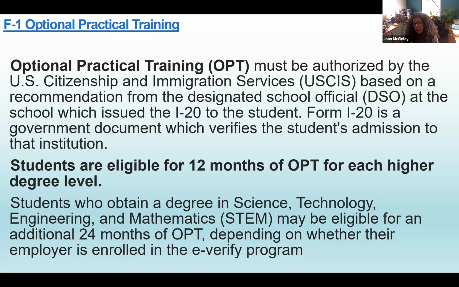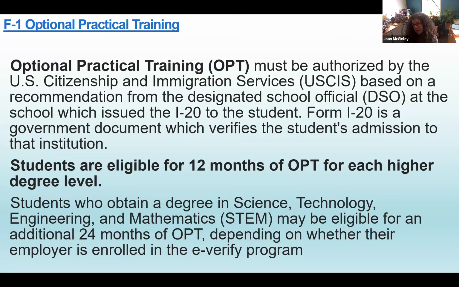If he subsequently approaches you and says, I want to apply for a STEM extension, that's science, technology, engineering, and mathematics, you have to say, I'm sorry, we can't do a STEM extension because while your major is STEM, Temple University is not enrolled in the E-Verify program.